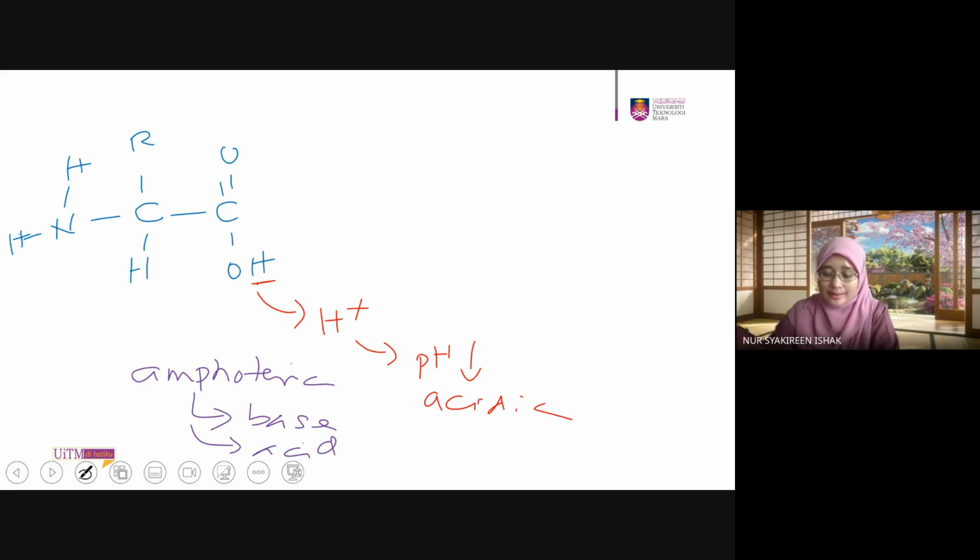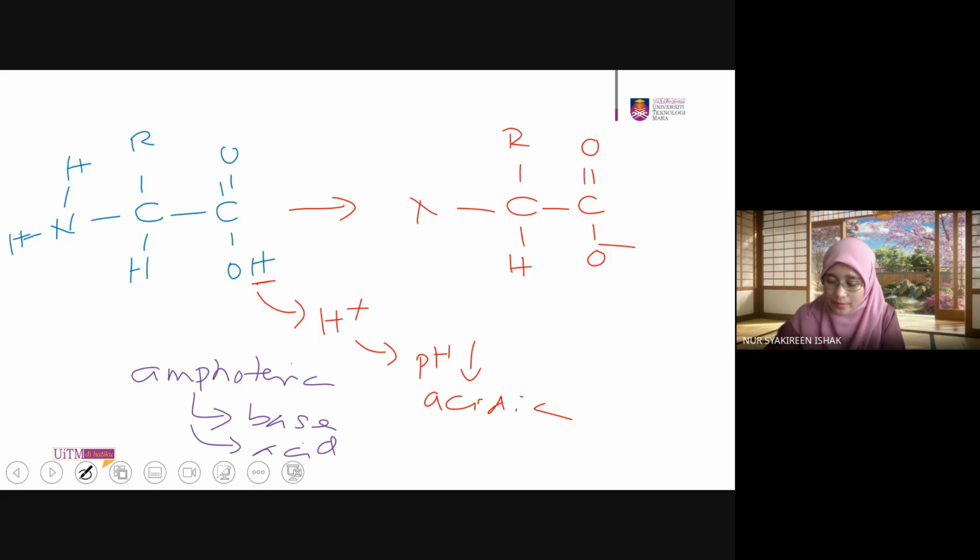Okay, so what happened is that when this hydrogen ion is released, the molecule will become like this. It has a negative charge. The oxygen releases the hydrogen ion into the solution, so the oxygen will be negatively charged because it loses a proton. And then the hydrogen ion will be accepted by the amino group.